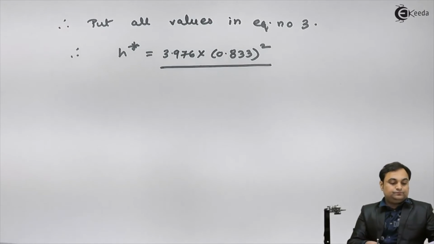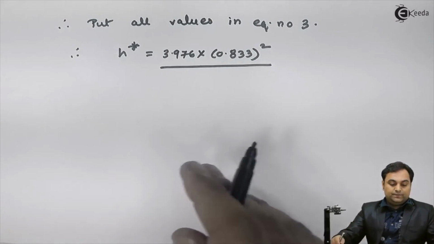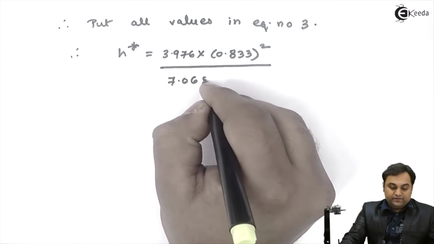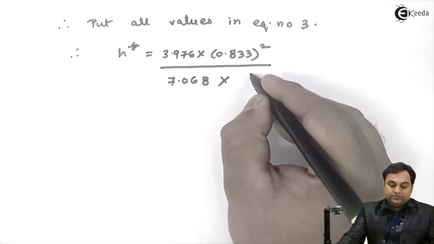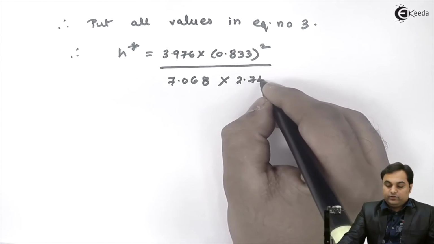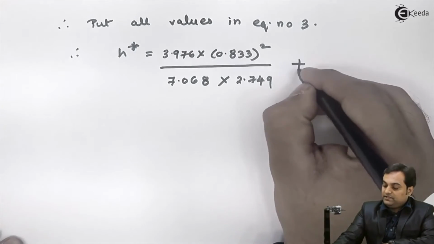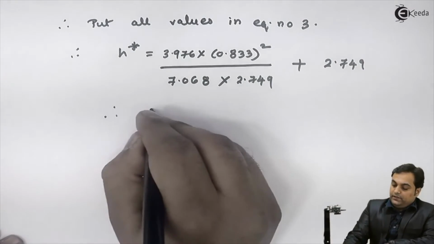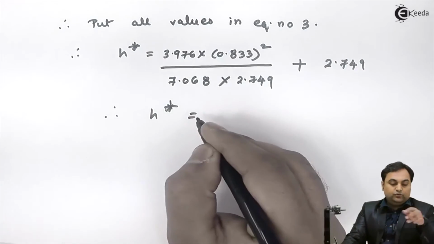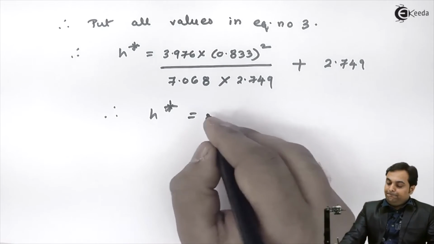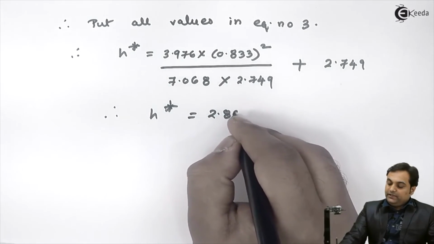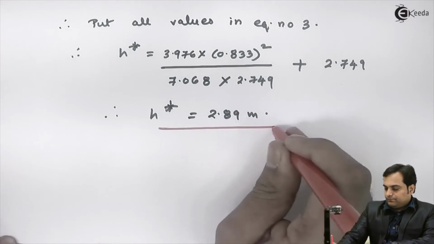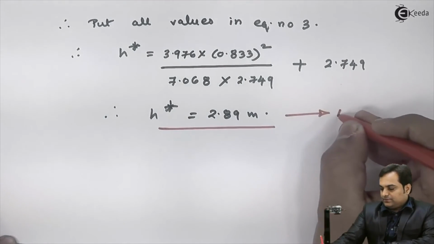Area was 7.068 into h bar 2.749, plus h bar 2.749, and hence h star comes out to be 2.89 meter. This is the second answer.